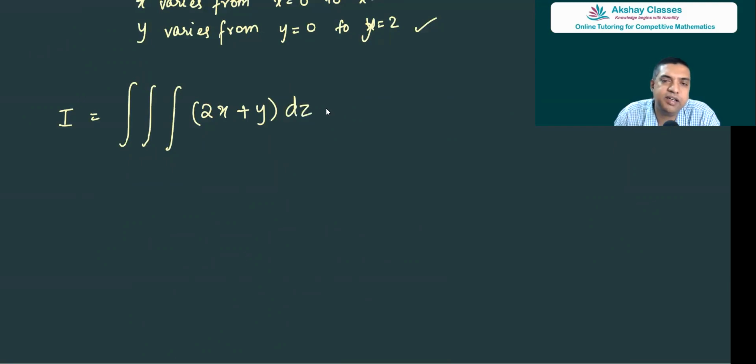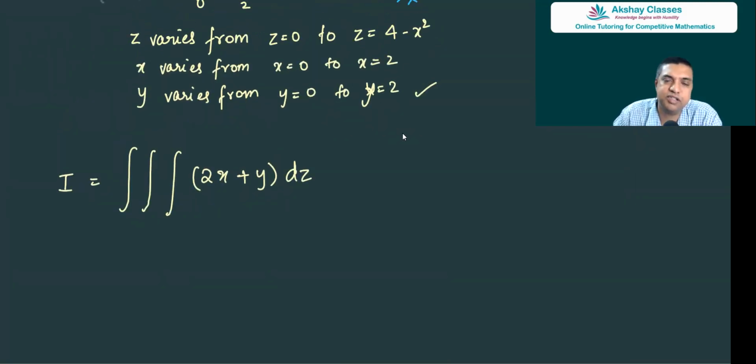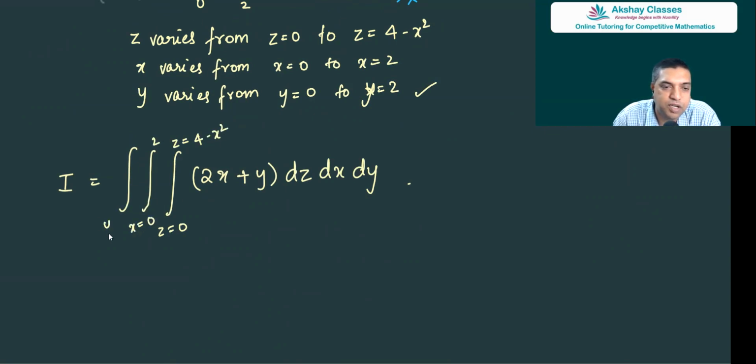Then we can integrate with respect to y or with respect to x because the limits are constants. It doesn't make a difference. So we'll do dz dx dy. z varies from z equal to 0 to z equal to 4 minus x square, x varies from 0 to 2 and y varies from 0 to 2.